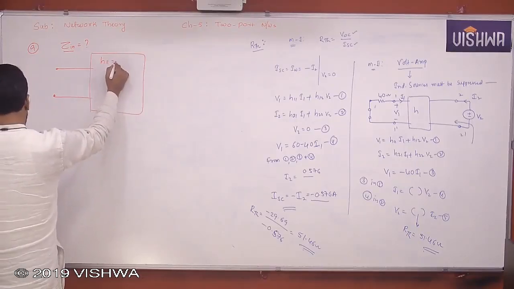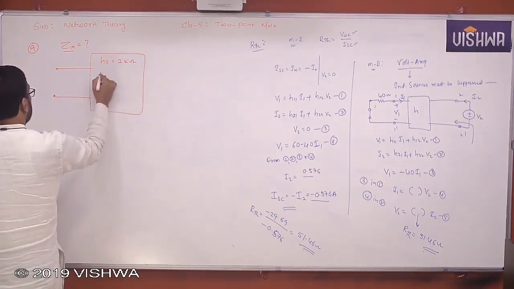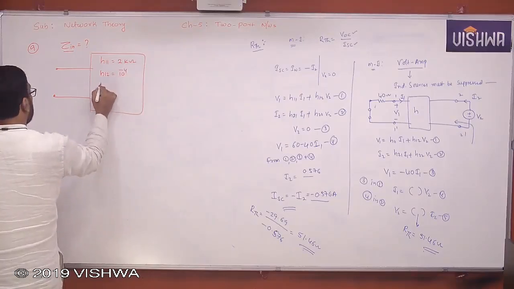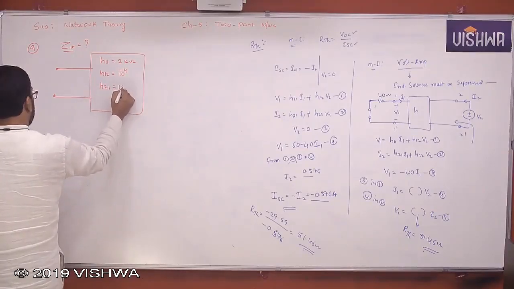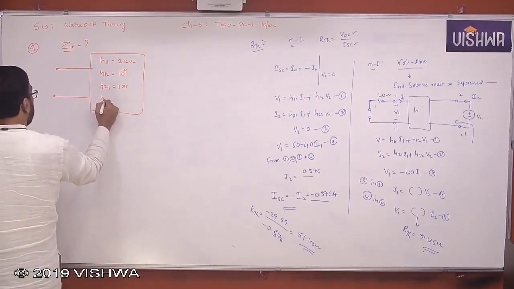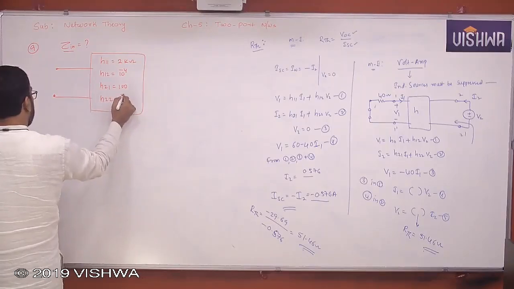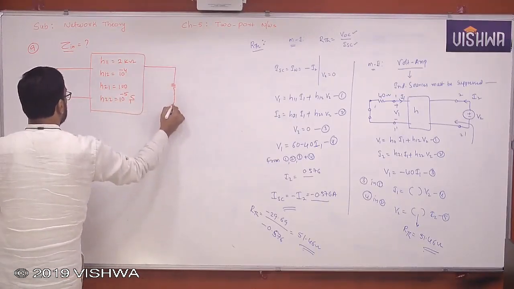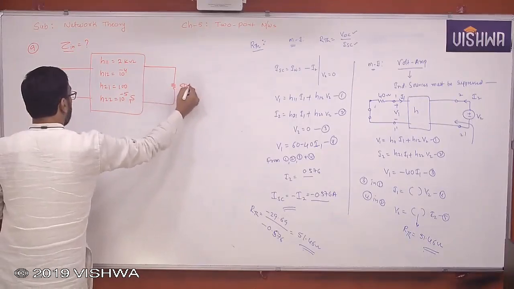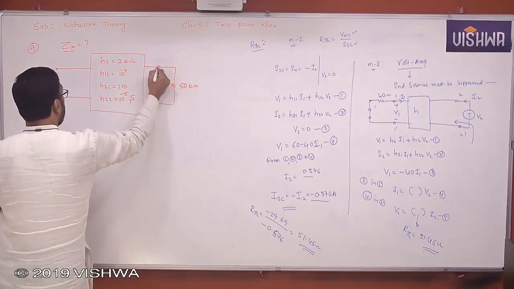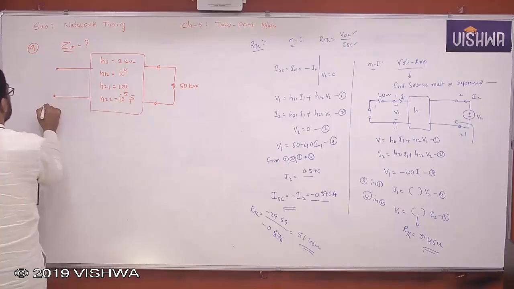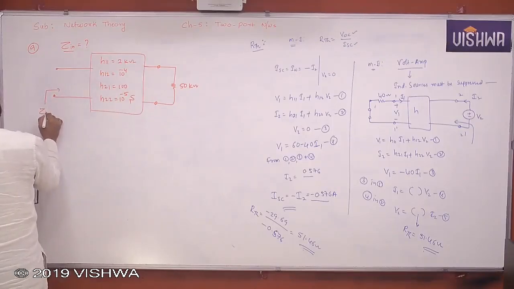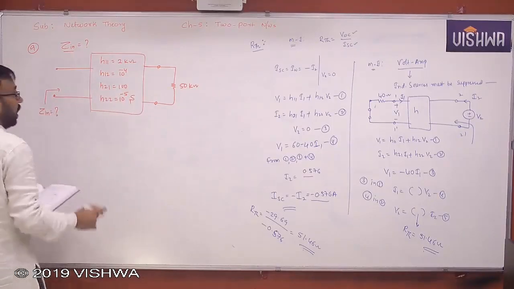H11 2 kilo ohm, H12 10 power minus 4, H21 100, H22 10 power minus 5 Siemens, and here is some 50 kilo ohm. We're just asking Zin, input impedance.